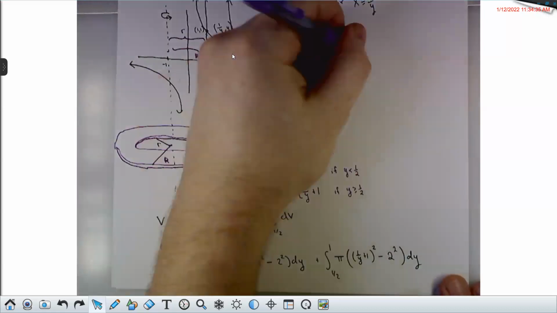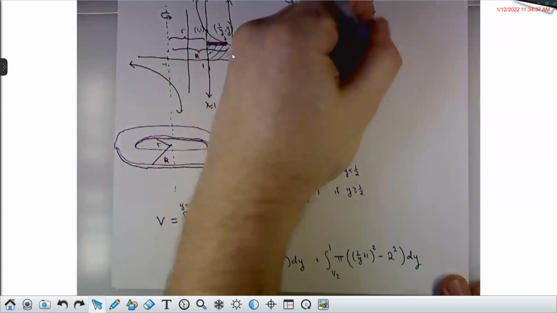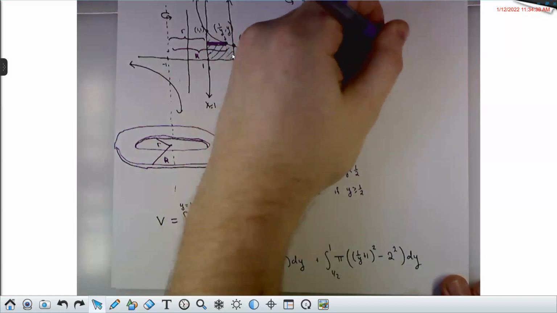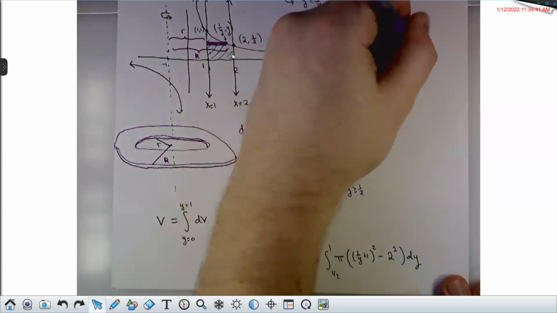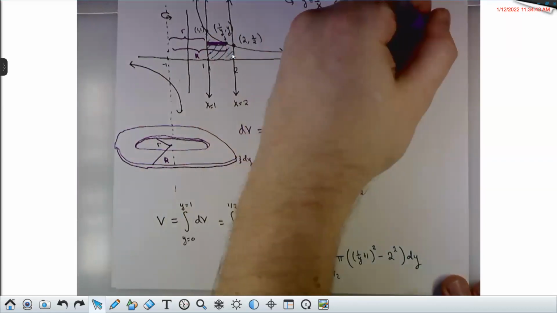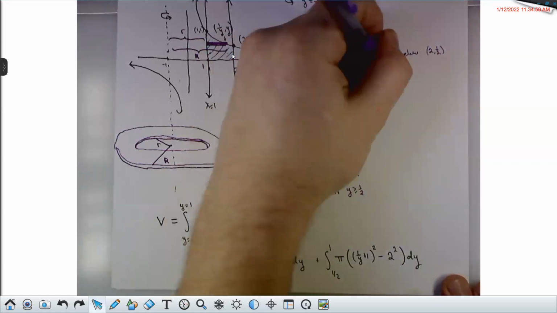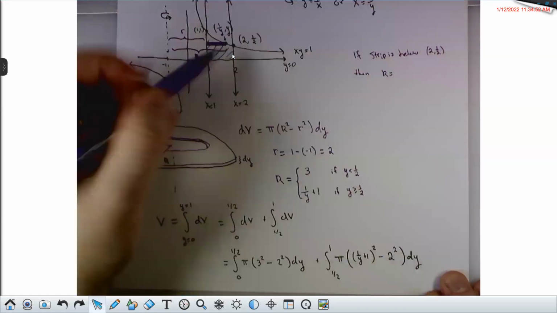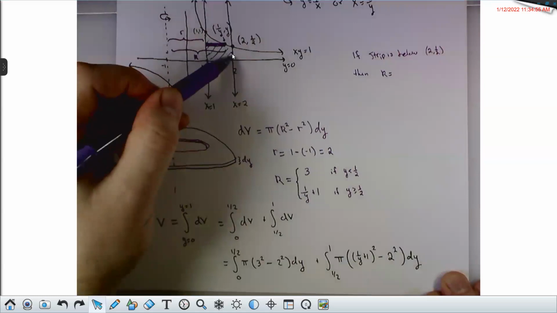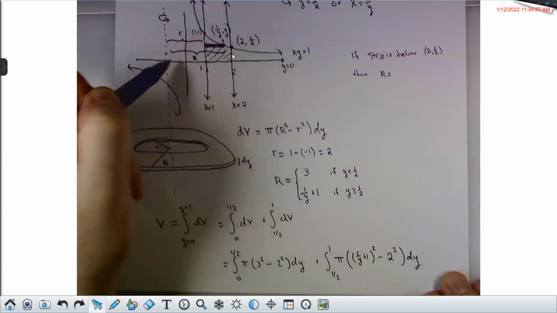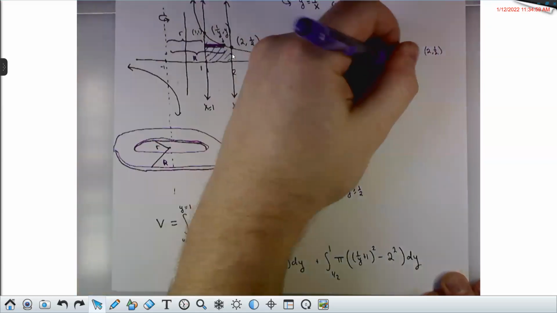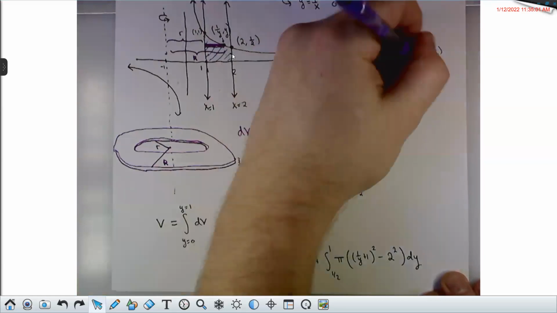So if the strip is below the point (2, 1/2), then capital R is the x value here minus the x value here, which is 2 minus -1, which is 3.